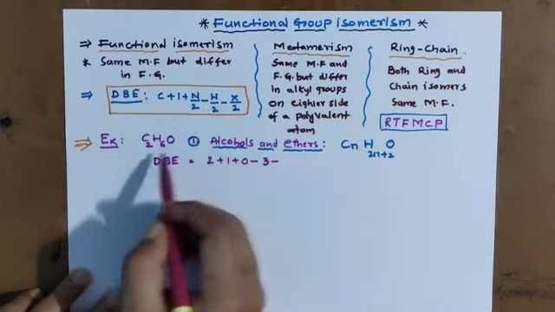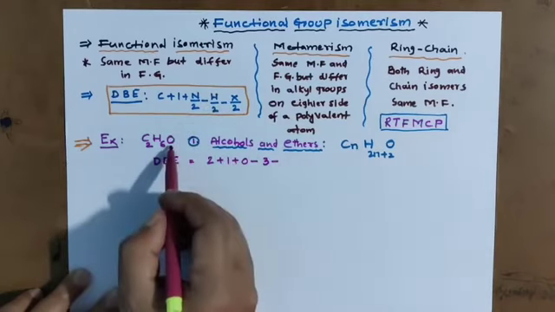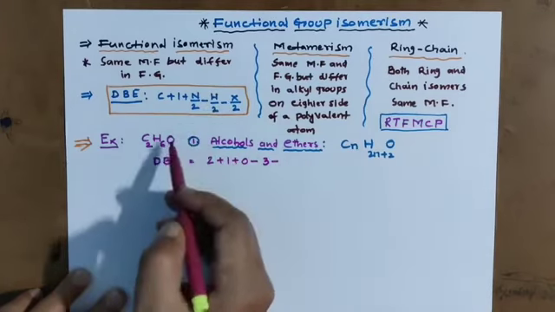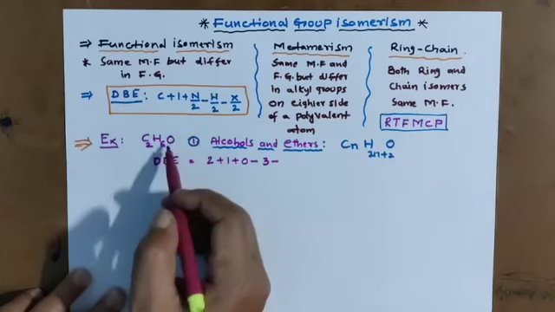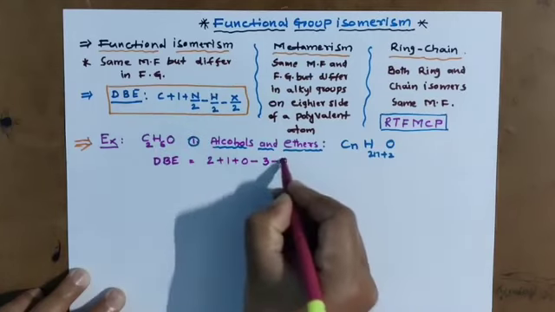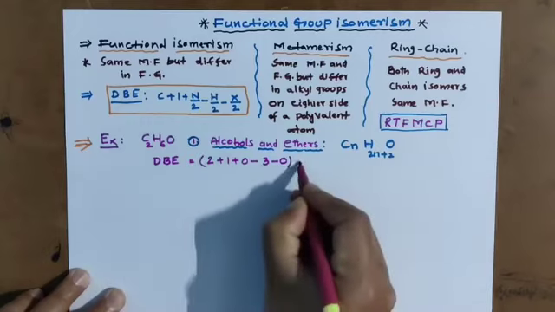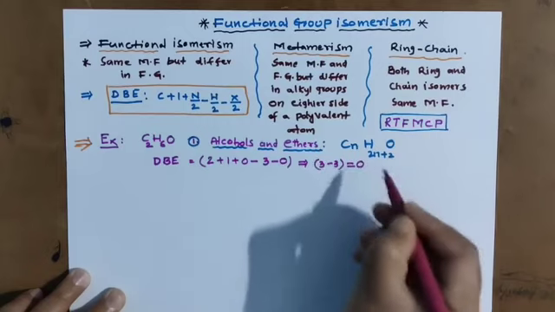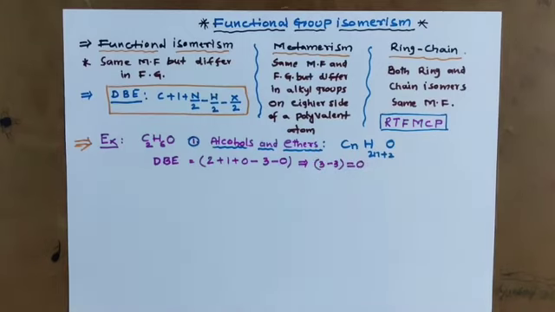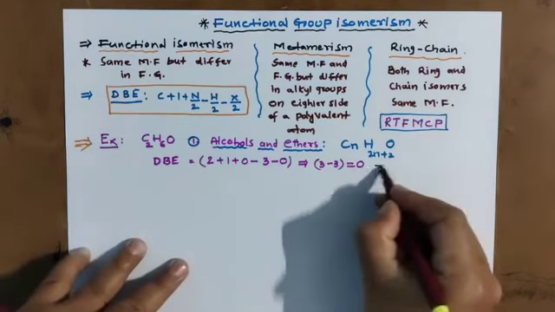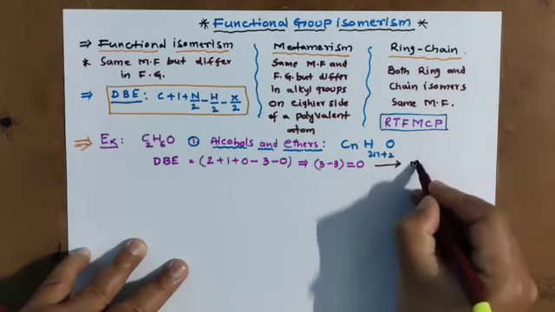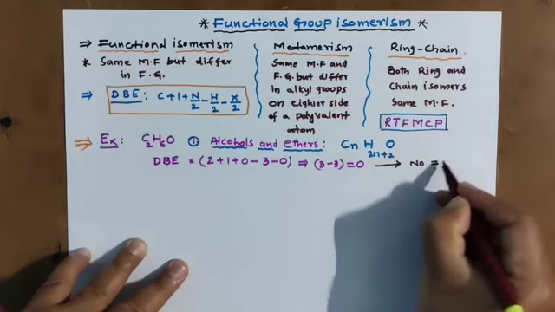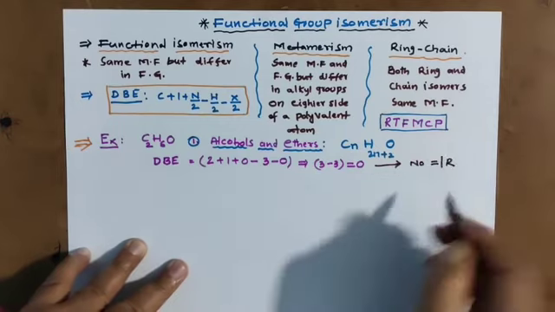Minus X: X is not there. Oxygen is there in the formula, but oxygen is not considered, so it is 0. Finally you get 3 minus 3, that equals 0.